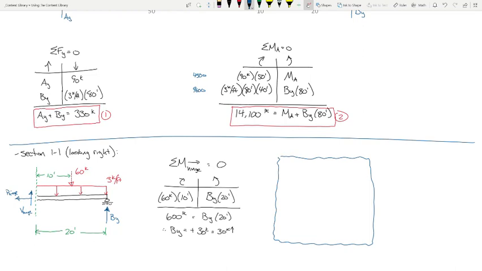And just for laughs, if I sum forces in the y direction, I'm going to have 60 kips going down, and I'm going to have V hinge going up, and I'm going to have BY, but that's also 30 kips going up. So would you agree that the shear at the hinge is 30? Would you agree with that?